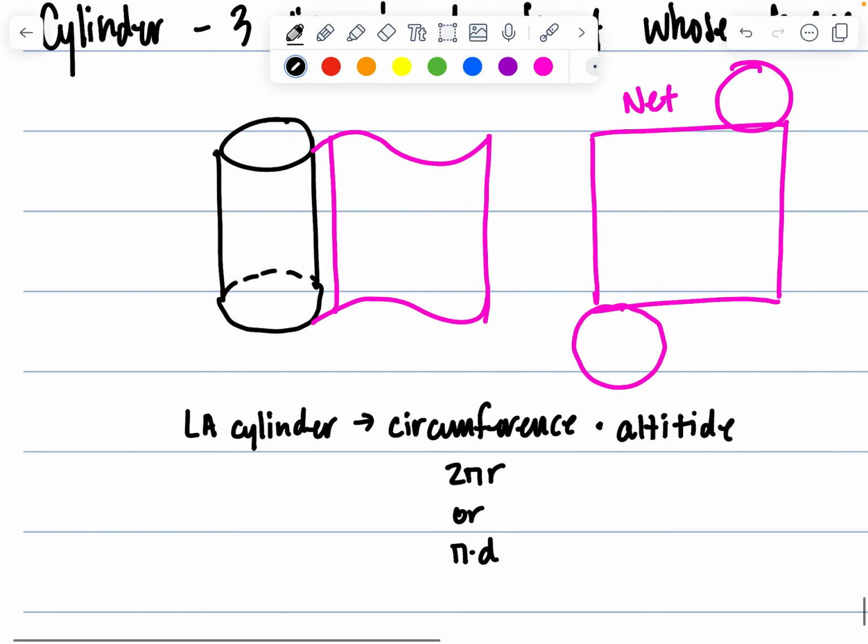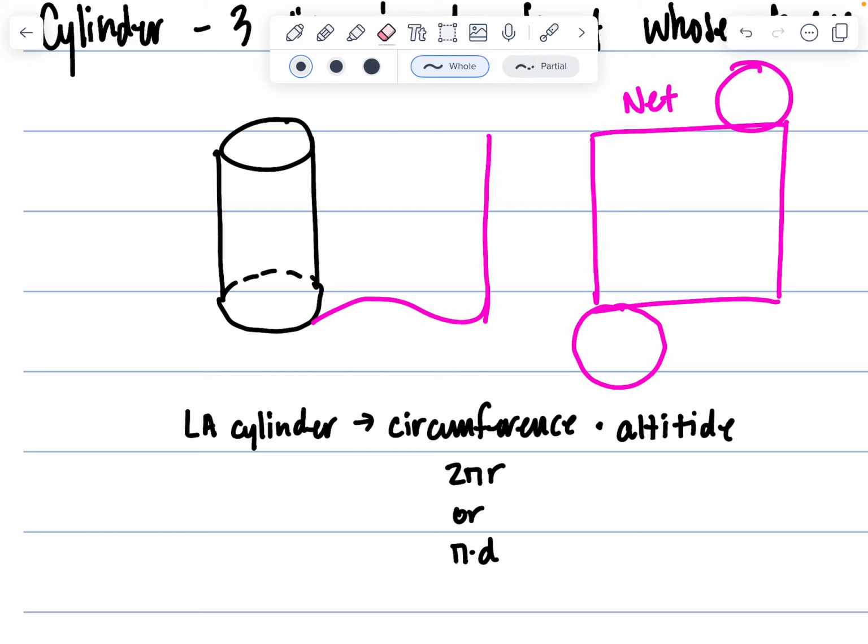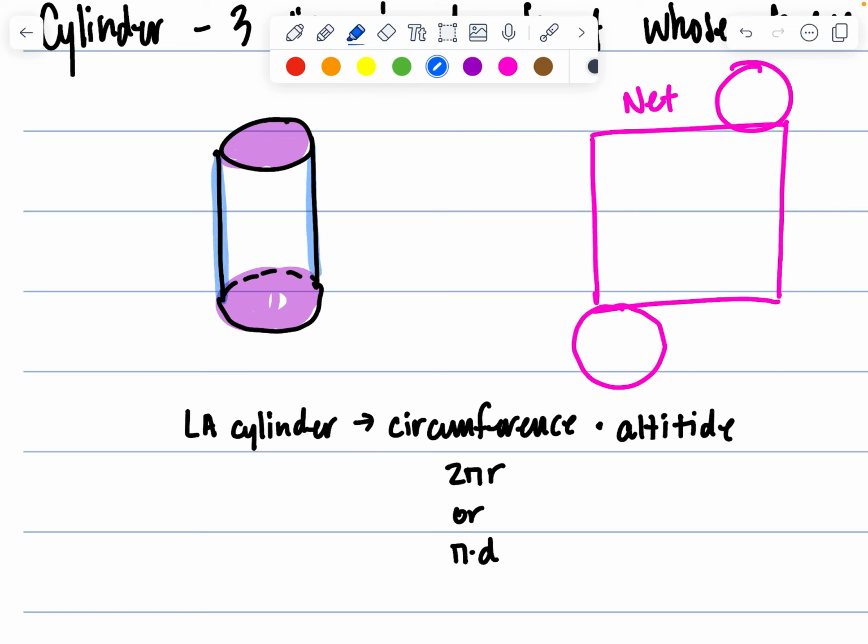Okay, so labeling this out. We could keep the net there just so we could visualize that. Here, I'm going to highlight this. Let's use purple just like we did last time. We have our 2 bases. And then here, I'm going to highlight this as well. This is going to be our lateral area.